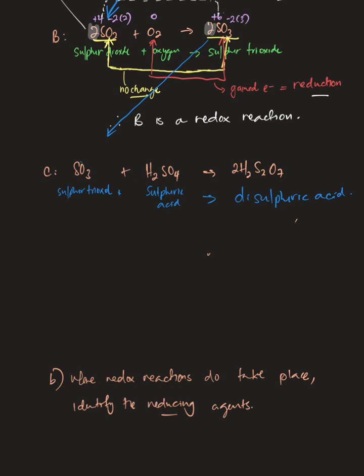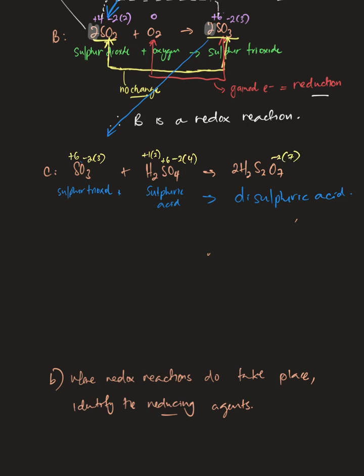Oxidation numbers. With SO3, here it's -2 times 3, which is -6. So this is going to be +6. The H2SO4, I know that this is going to be -2 times 4, and this is going to be +1 times 2. And I want the whole thing to be neutral. So I've got -8 by the oxygen, and I've got +2 by the hydrogen, which means this sulfur has to become +6, right, to cancel that out. Then with the disulfuric acid, the oxygens must be -2 times 7 of them.